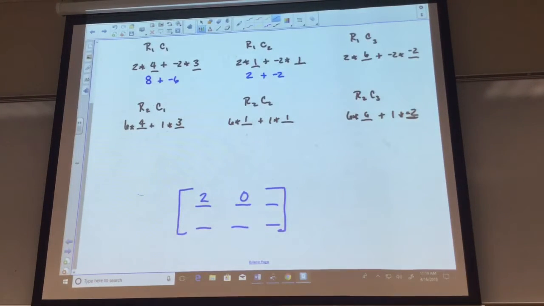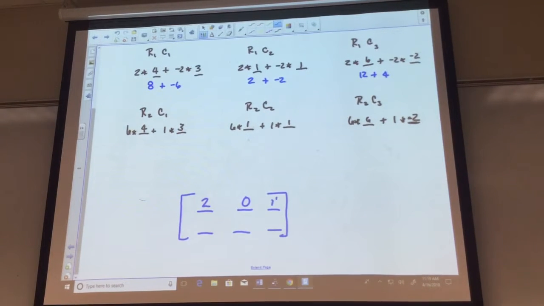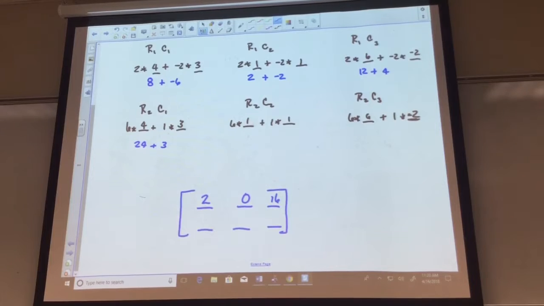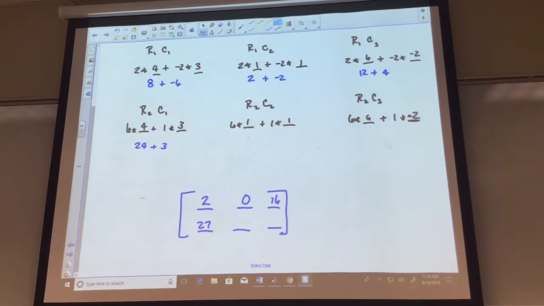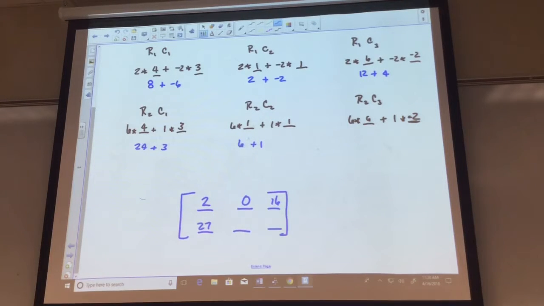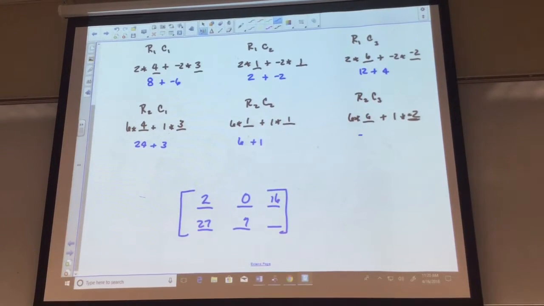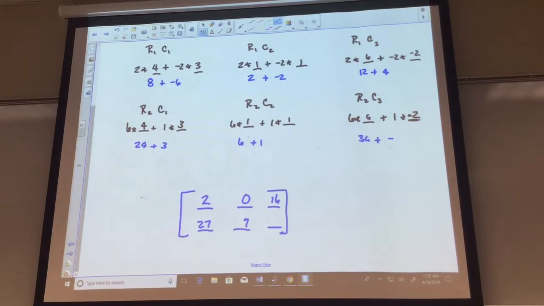I don't necessarily need to see 12 and a +4, but I do need to see a 16. I don't need to see 24 and 3, but I do need to see 27. I don't need to see 6 and 1, but I do need to see 7. And I don't need to see 36 and a -2, but I do need to see 34.